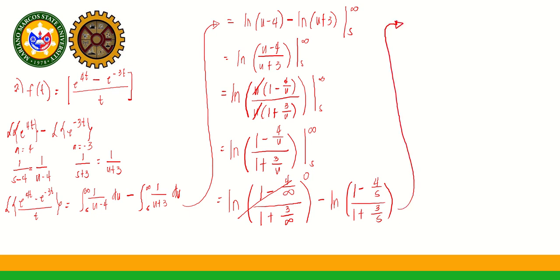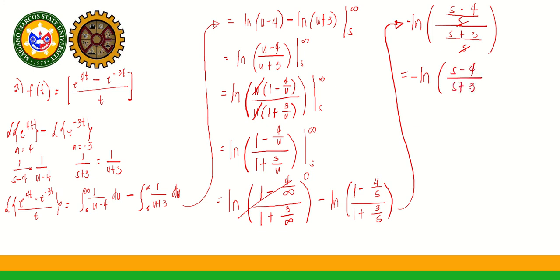So continue natin ulit dito. So this will be equal to negative ln of, ayusin natin, this will be s, tapos s minus 4. Dito naman sa baba is s, tapos s plus 3. Okay, so we can cancel si s dito sa denominators niya. And we will be left with negative ln of s minus 4 over s plus 3.